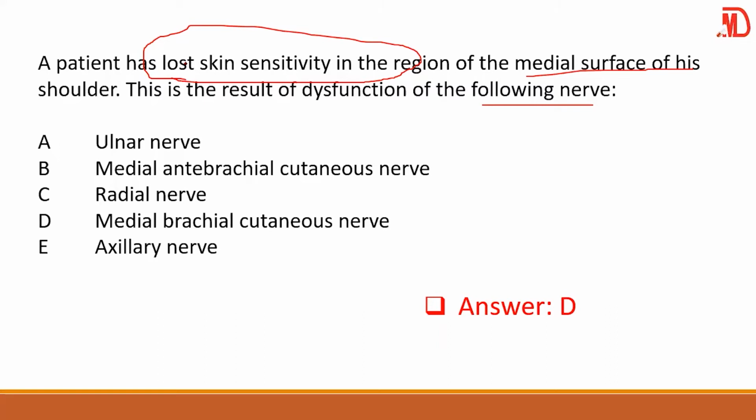So the medial antebrachial cutaneous nerve supplies the anterior medial area of the forearm, whilst the medial brachial cutaneous nerve supplies the skin of the medial area of the arm. So over here, you answer definitely D. All right.